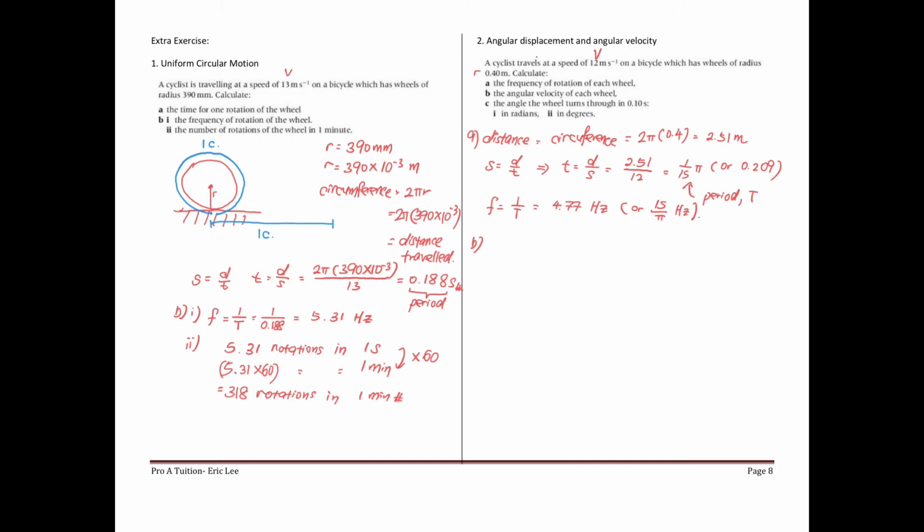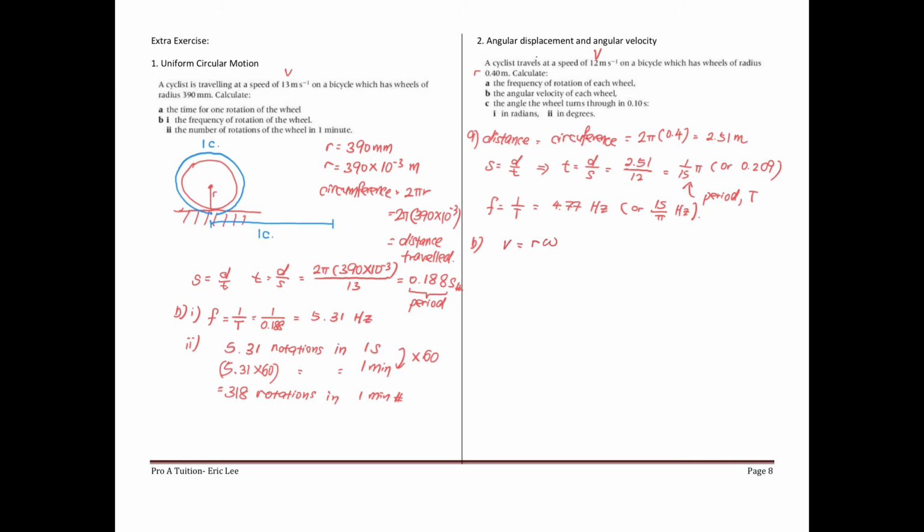For part B, the angular velocity of each wheel. One of the ways to do this is by thinking of v equals r omega.